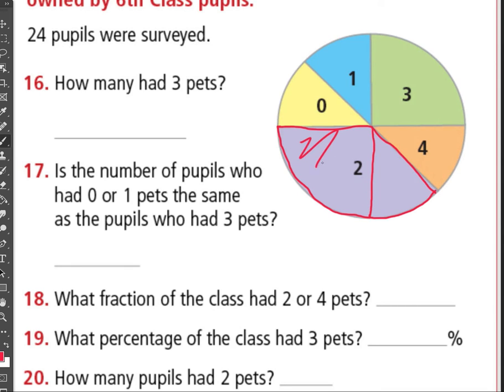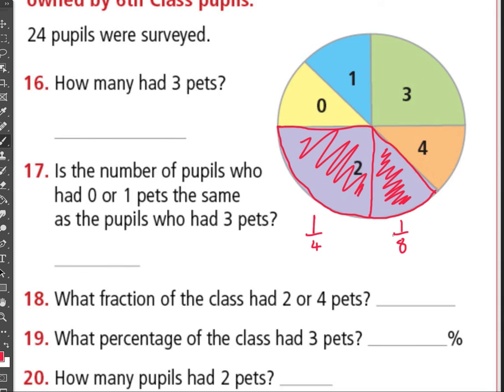We can see that this bit in here is a quarter of the class. And this bit here, if you ask how many of these slices are there? Well, there'll be 1, 2, 3, 4, 5, 6, 7, 8. So this is 1/8.